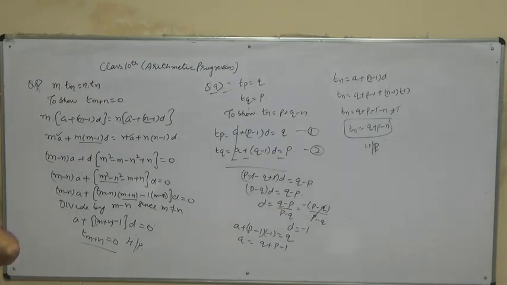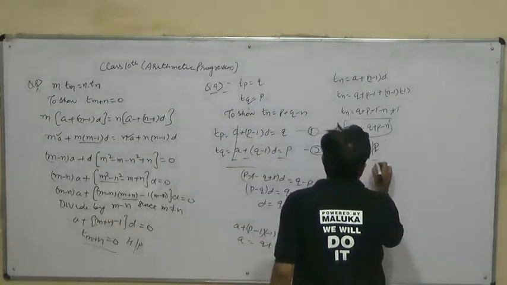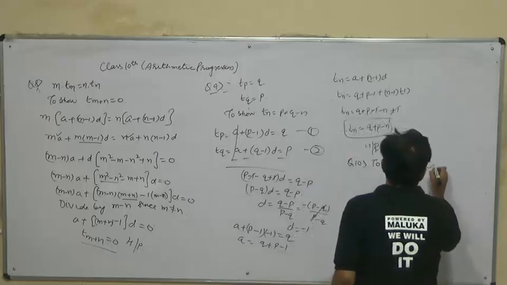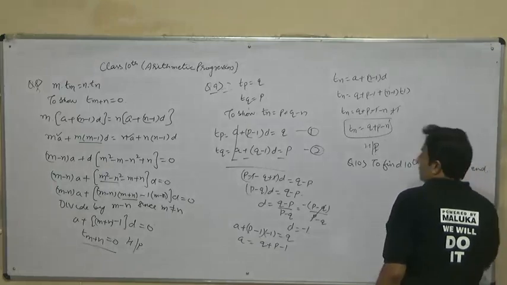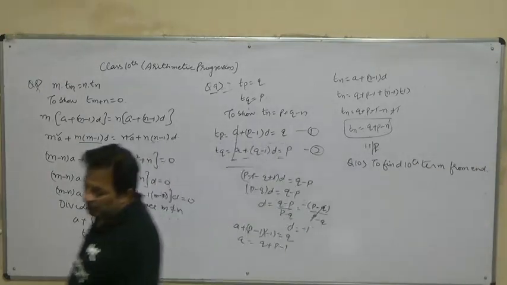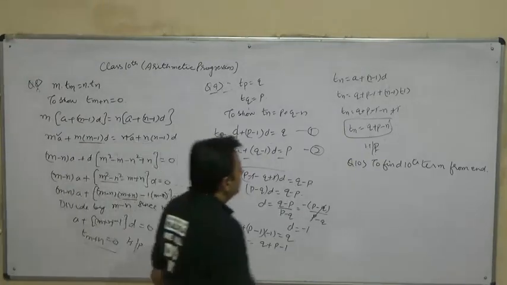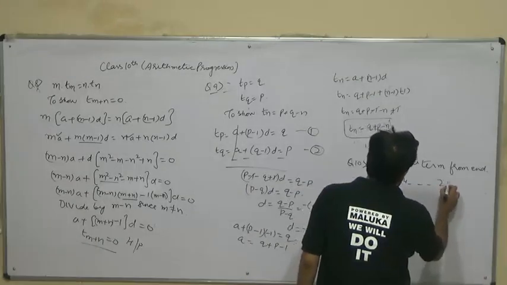Then next is, find the 10th term from the end of the sequence. To find the 10th term from end, the sequence is 9, 4, 9, 14, ... 254.